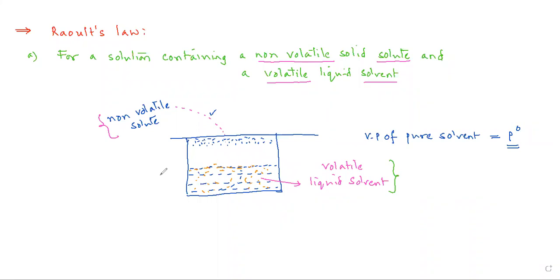Now, when the number of solvent molecules on the surface per unit area is less, obviously the vapor pressure will also be less. Now, let this be the vapor pressure of solution. Now, it is no longer a pure solvent. It has now become a solution. We can actually use P or even PS. Let me go with P.